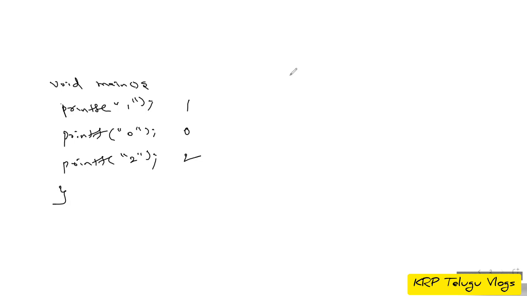Enough? Yes, sir. Okay. So now we will see how a for loop will execute. So I have void main. int i is not required.